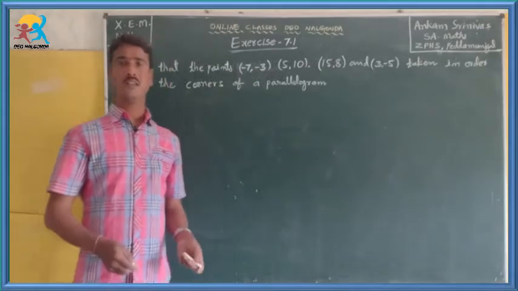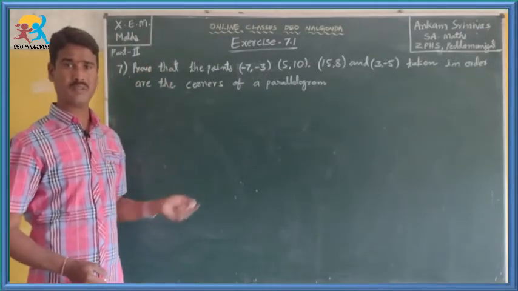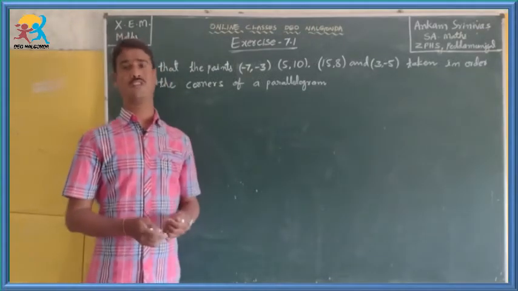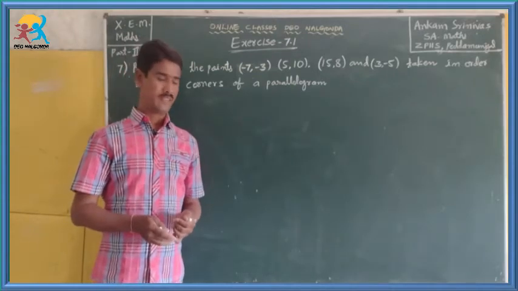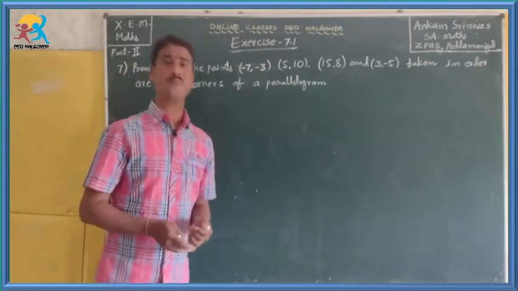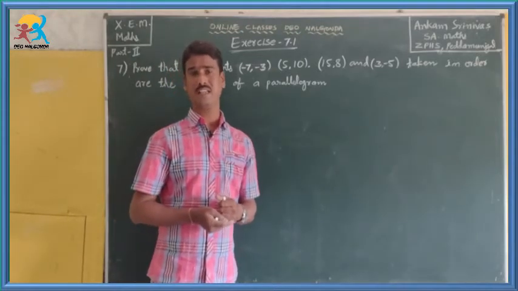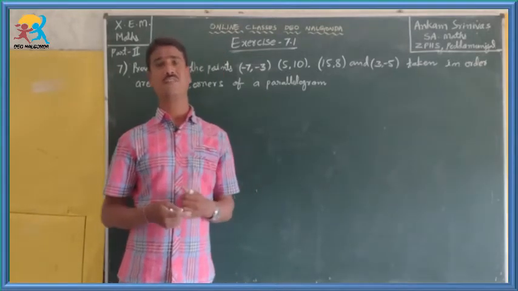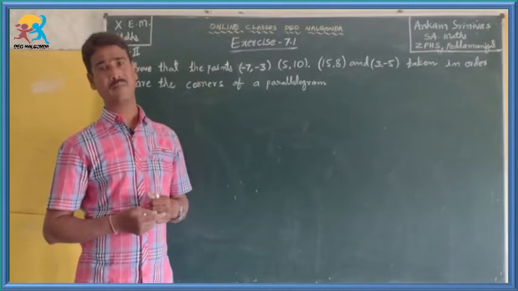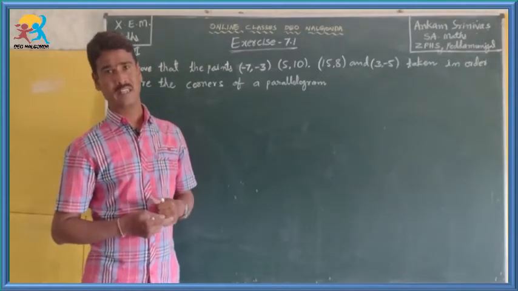Dear children, in the previous problem we had already proved the isosceles triangle. If we are given a problem to show an equilateral triangle, what is the meaning of an equilateral triangle? If the three sides of a triangle are equal, then it becomes an equilateral triangle.